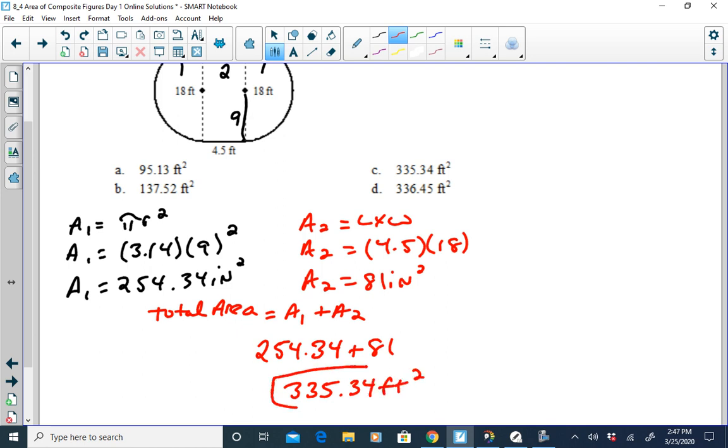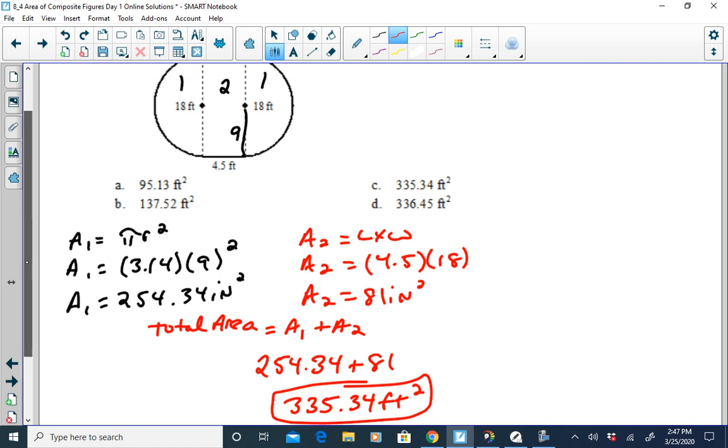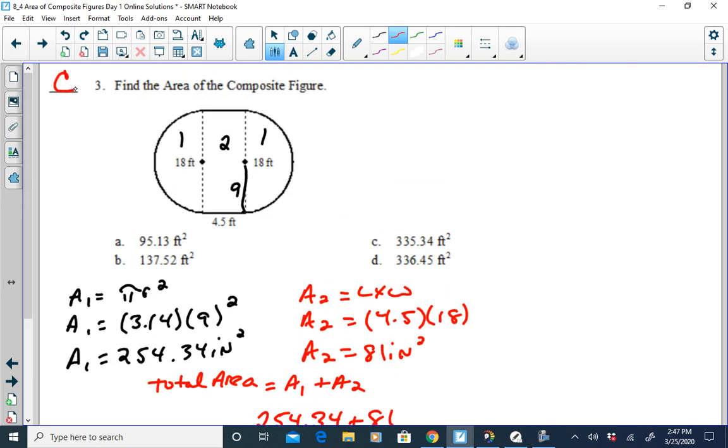Those are square feet, and that looks like that's going to be answer C.